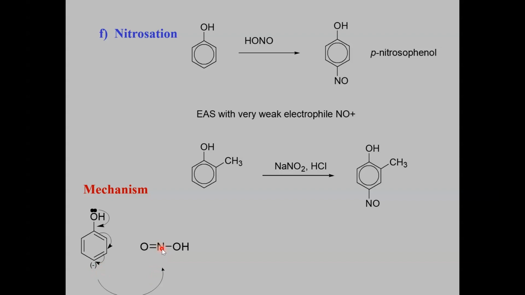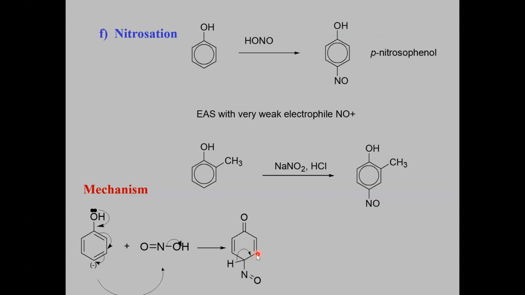Carbocation electrons attack onto this nitrogen and OH gets kicked off. And it gives rise to the corresponding nitroso group attached to the para position. It is unstable because it is not aromatic. It regains its aromaticity by loss of this hydrogen. The carbon-hydrogen bond breaks and these electrons form the bond over here.